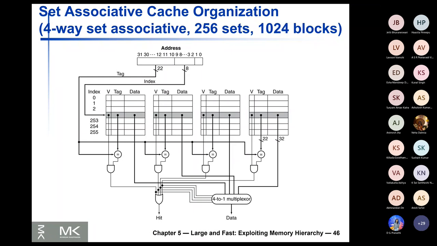Because if this is the case, then your ORing mechanism and the multiplexers will keep becoming bulkier as you keep increasing the associativity. The hit decision is now being generated by a 4-input OR gate.